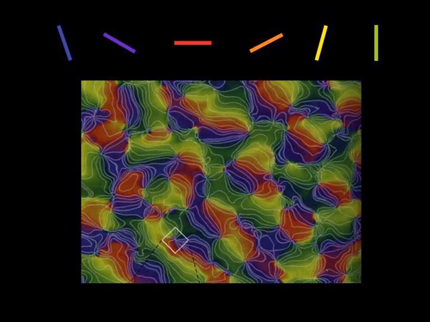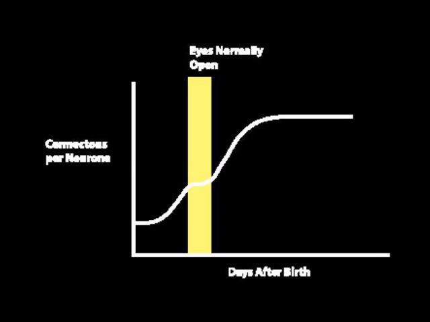So here is a diagram illustrating the average number of connections per cell in the optic cortex during the time after birth in days in a kitten.